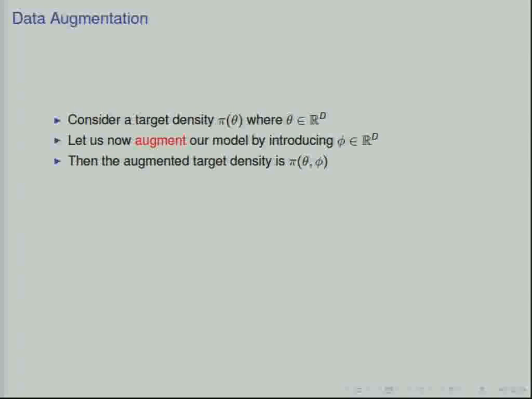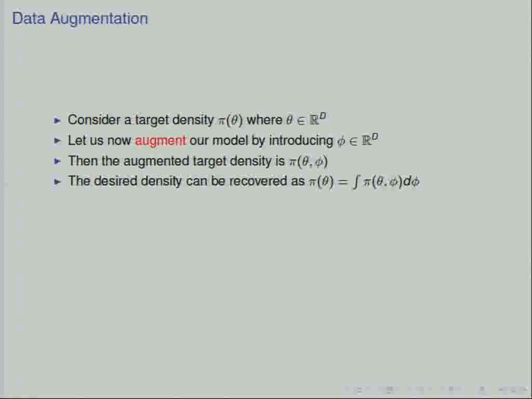They carry no information at all about the model. They're not related to the underlying model. But what it does is it provides a joint distribution on the parameters of interest and these auxiliary parameters that enables us to devise a Gibbs sampling scheme where the exact conditionals for theta given phi and phi given theta emerge in a natural way.